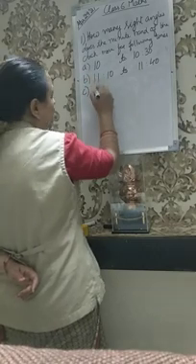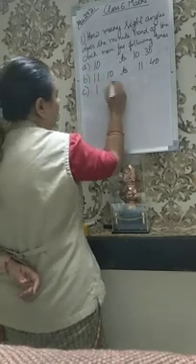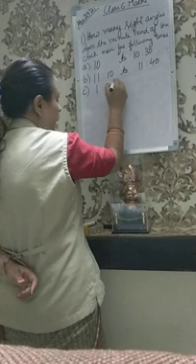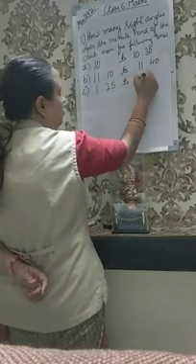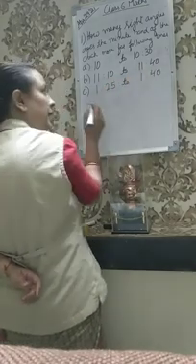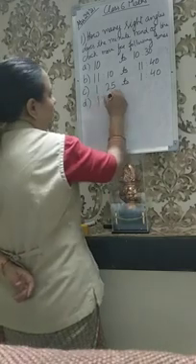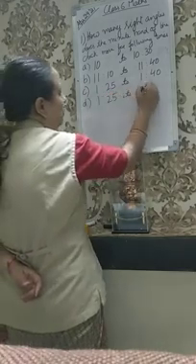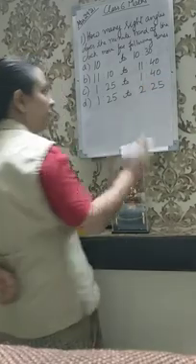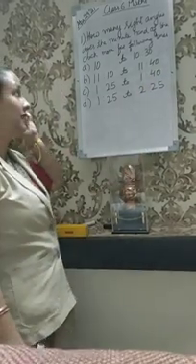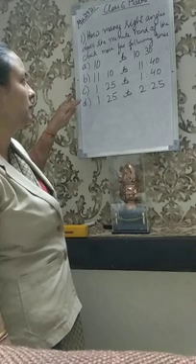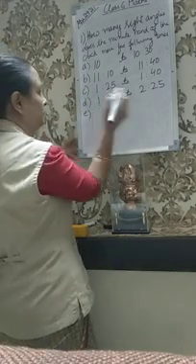C is 1:25 to 1:40. D is 1:25 to 2:25. Alright, so these are the, I'll give you one more.